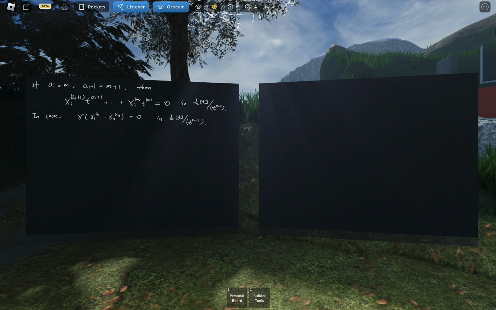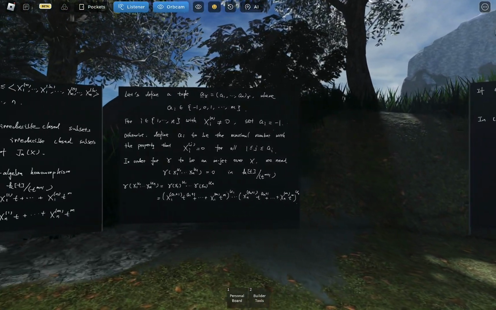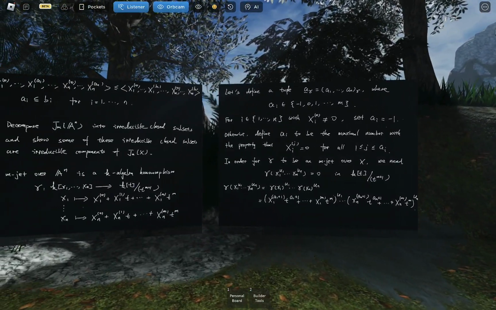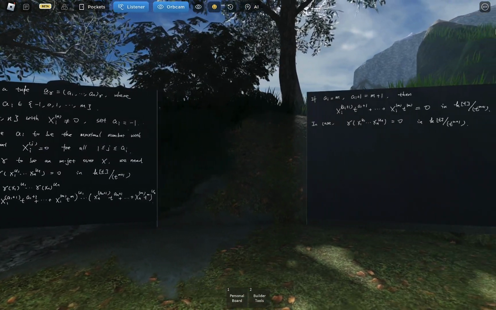This is simply because one of these xi goes to 0, so the whole thing has to go to 0. So this case is trivial.